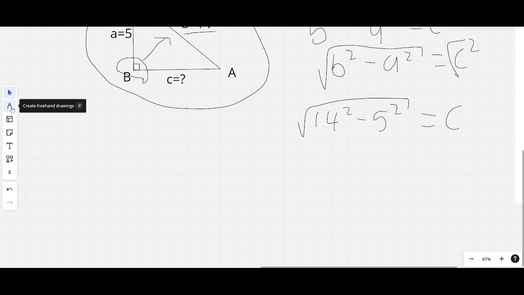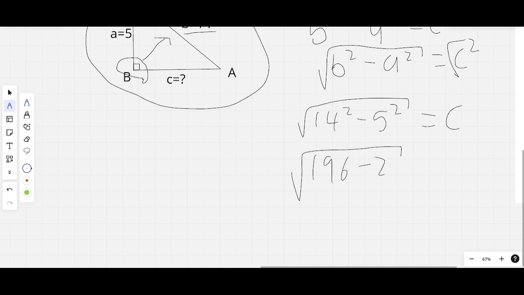However, I'll do it step by step. So this is 196 minus 25 is equal to c. Now this will be the square root of 171 is equal to c.